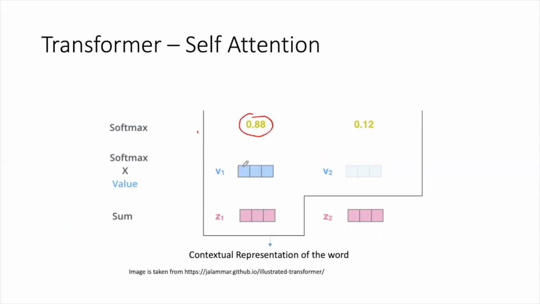So 0.88 is multiplied with this, and similarly 0.12 is multiplied with the second value vector. Once we multiply all of them, we add them up. That basically gives a representation in terms of other value vectors for the current word.